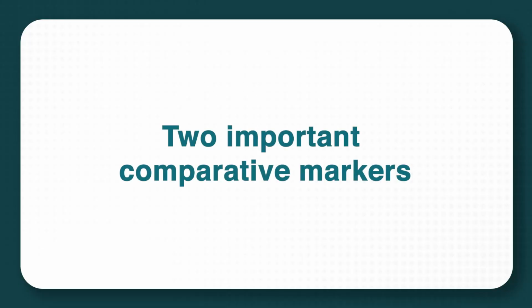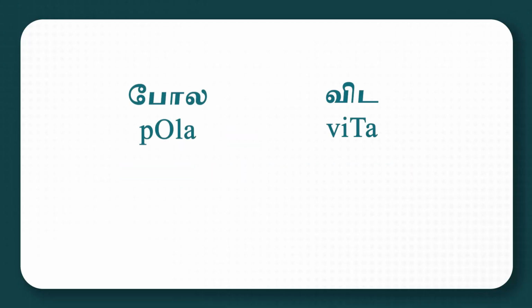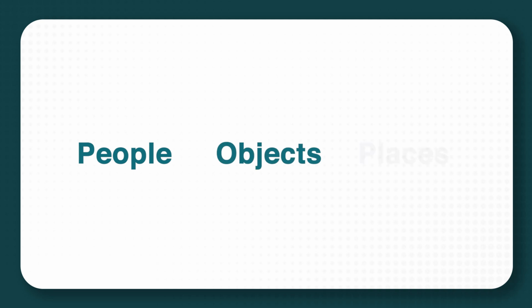Today, we are going to learn something very useful in everyday communication: how to compare things in Tamil. We will focus on two important comparative markers, pola and vida. Pola means like, vida means than. These simple suffixes allow us to describe similarities and differences clearly, whether we are talking about people, objects, or places.